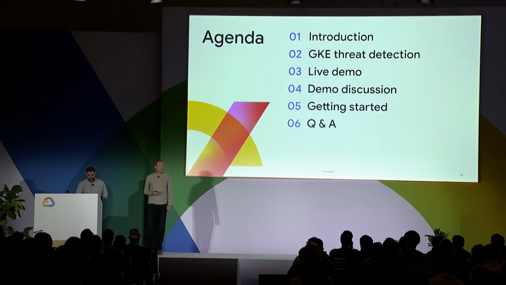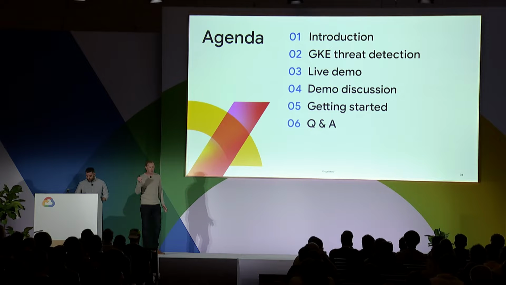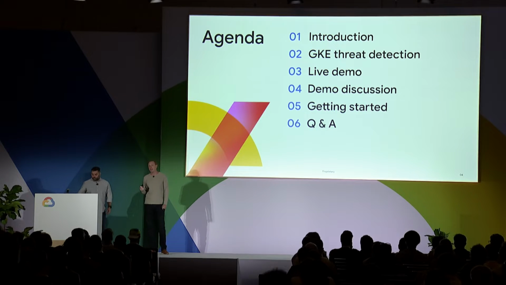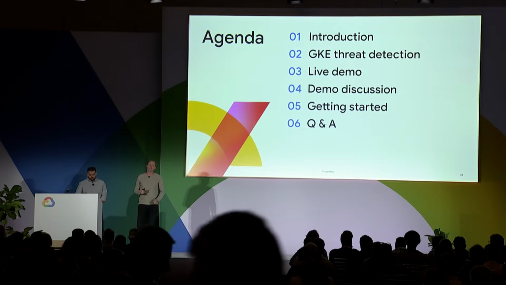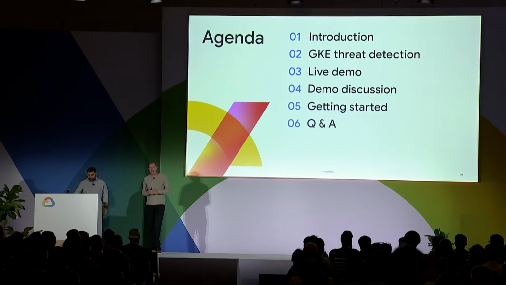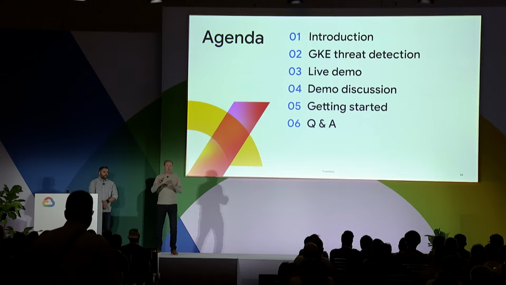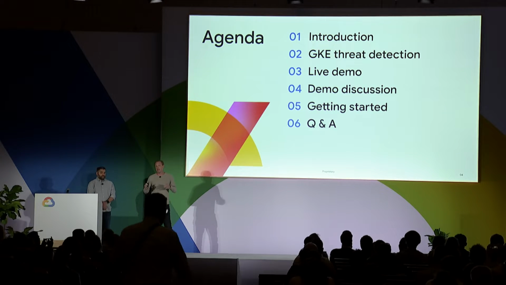Great. So we got a good agenda for you today. Just to quickly go over it, we'll start by introducing some of the challenges that users and organizations have getting to containers and modernizing their workloads. We'll do an overview of GKE threat detection and take a look at how it works and how some of the pipes flow through the Google Cloud platform.